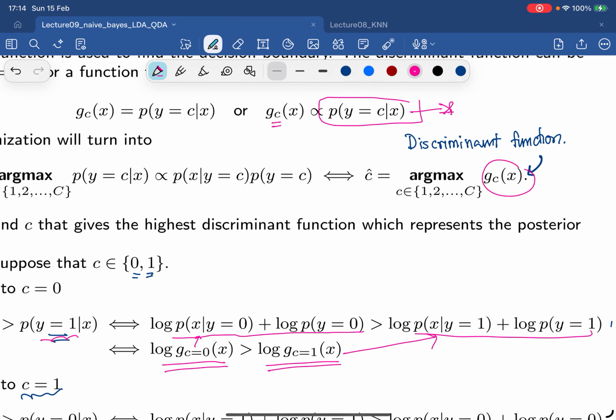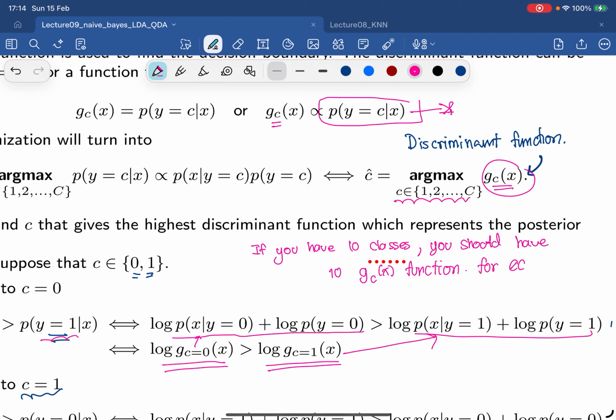What I'm trying to say here is that, in order to compare and sort for which class is giving you the highest GC, if you have 10 classes, you should have 10 GC(x) functions, one for each class C. Right?